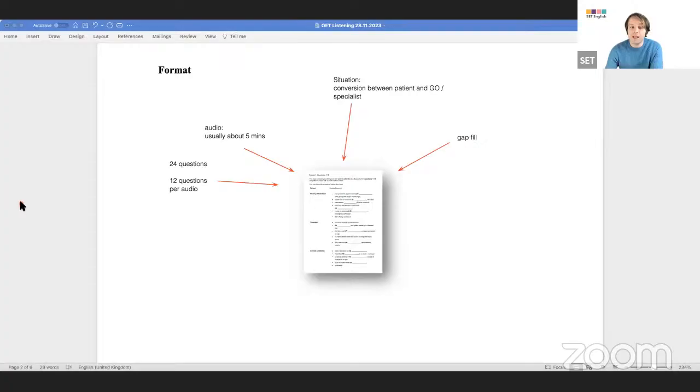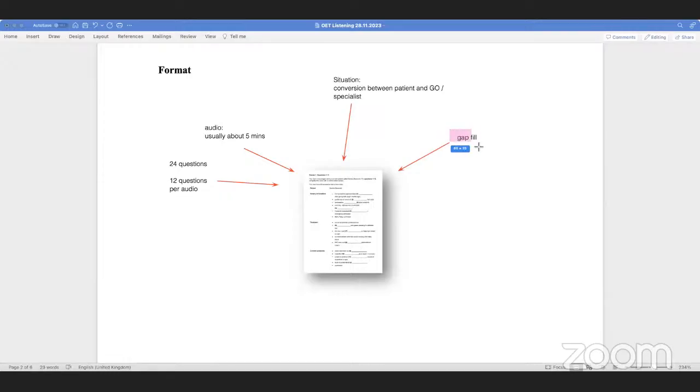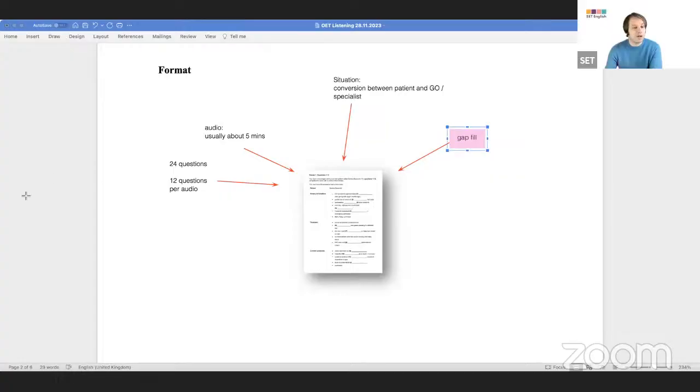Because as a noun, what does presentation mean? It means something different. Can anyone tell me? A monologue, like a lecture. Okay, so it's never going to be a presentation like that. It's always going to be a conversation, always.